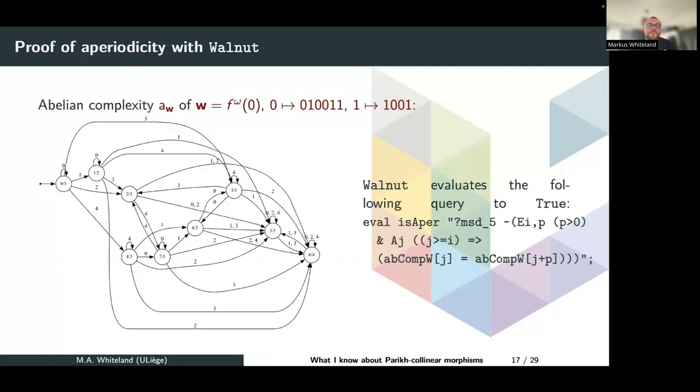So using our constructions, we can construct this automaton that is generating the abelian complexity function for the word, and we can just ask Walnut, is this sequence aperiodic, with a query that looks something like this, and it returns true. So it is aperiodic. So the original question perhaps was not that interesting itself, just for this particular fixed point, but the method turned out to be quite interesting for how to prove such aperiodicity.